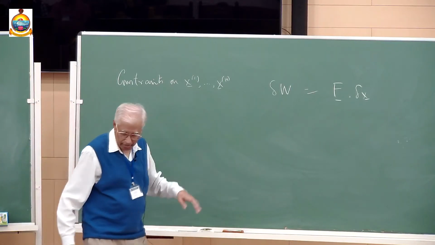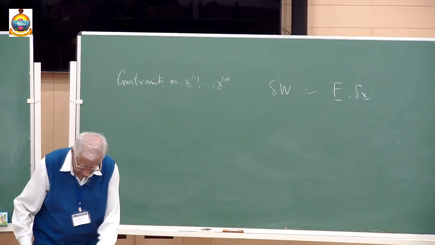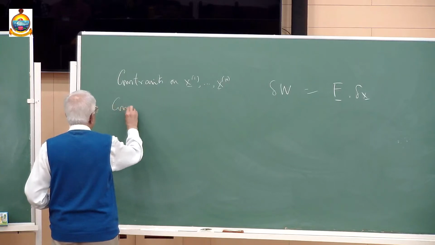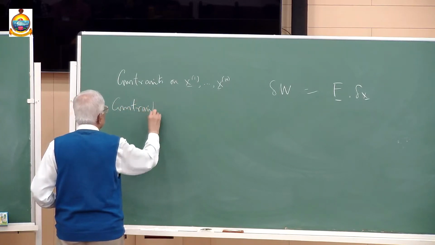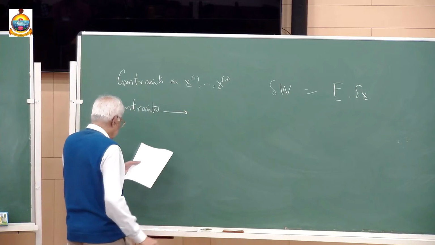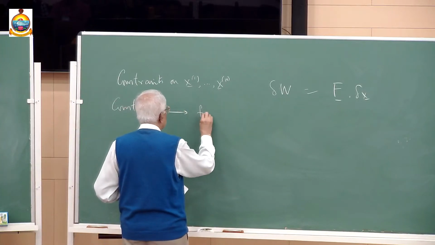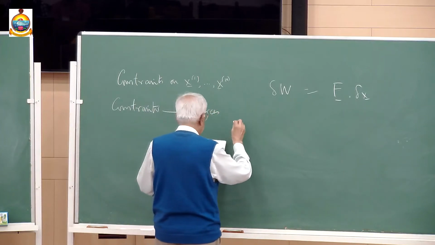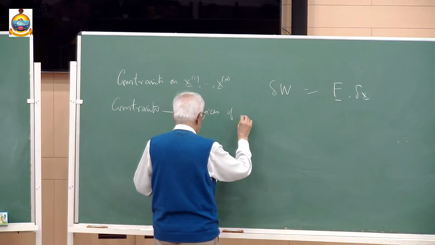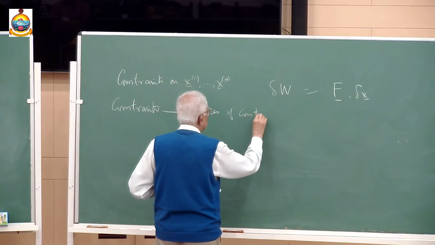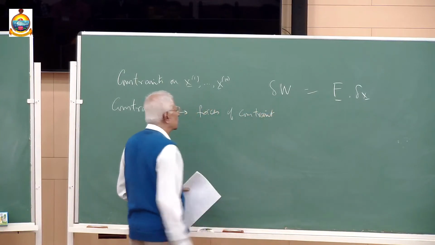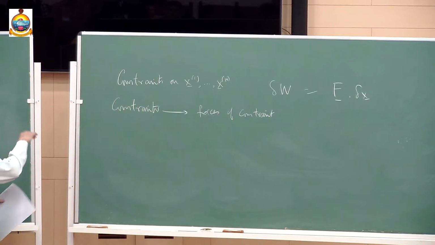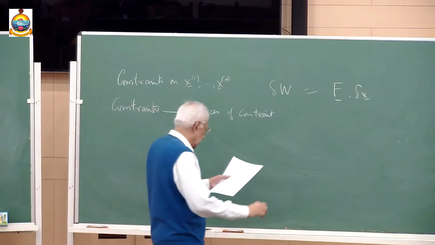So the physical fact about constraint forces, I can write schematically in this way. If there are constraints, then in order that they be always obeyed, there will be some terms in the Newtonian equations of motion called constraint forces, which are there to make sure that the constraints are always obeyed.